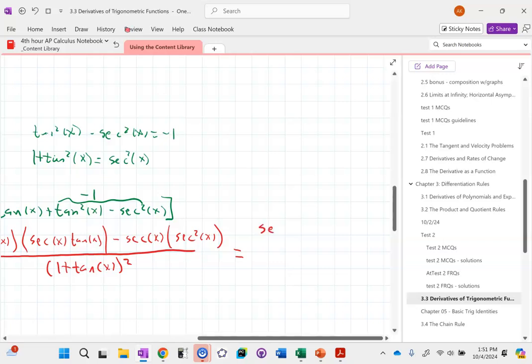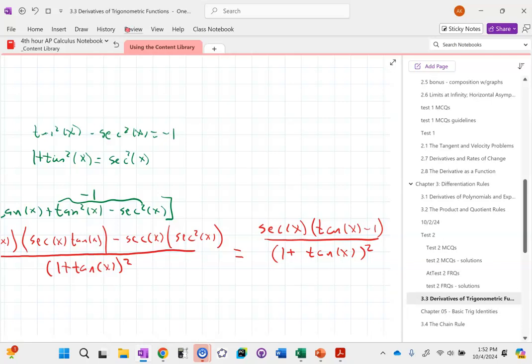So what are we left with? We're left with secant x times tan x minus 1 over 1 plus tan x squared. That's probably as good as we can do. What do you think?